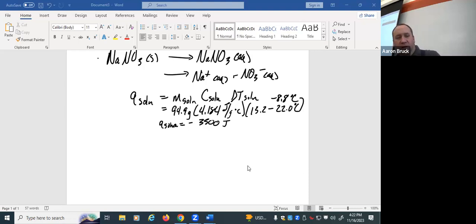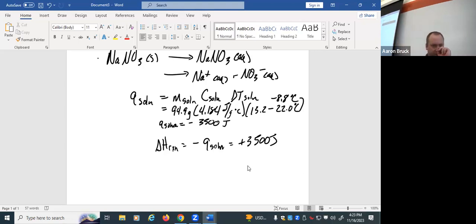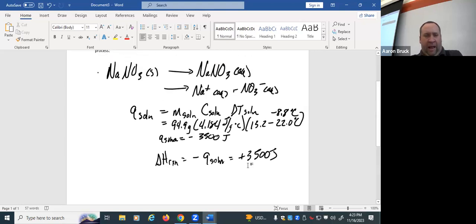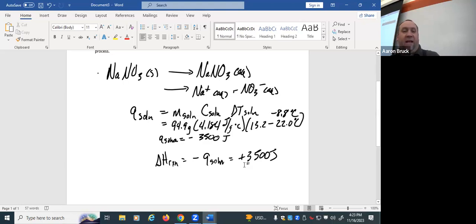So if I want to know delta H for that reaction, I need to take the opposite of the heat of solution, which means that instead of negative 3,500 joules, we're talking positive 3,500 joules. And since it's not asking for a molar heat value, we can stop right there.